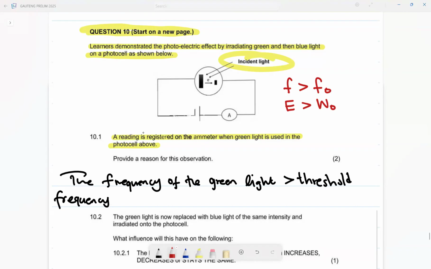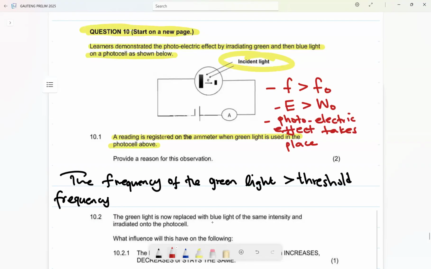photoelectric effect takes place, again.